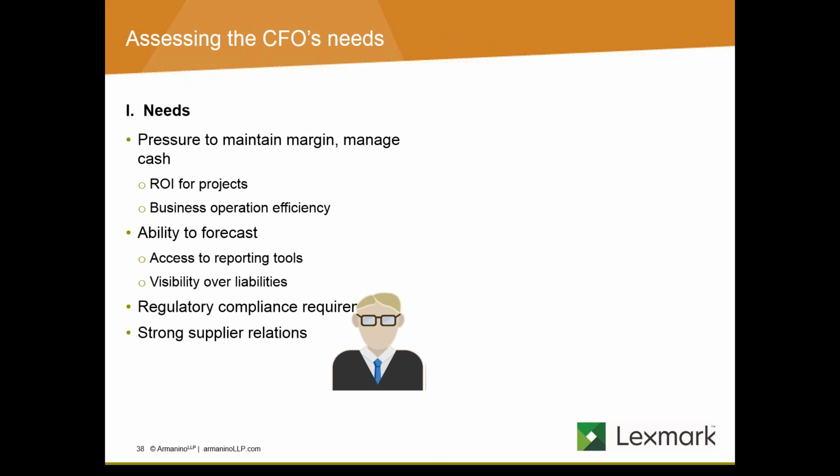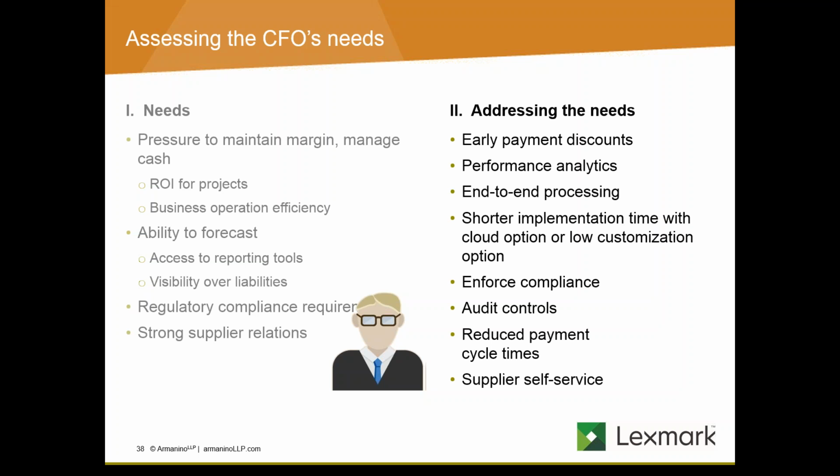As you look then up to the CFO's needs, and as we now start to lift this up a little bit and address some of the things that Tom talked about, that pressure to maintain the margin, manage the cash, the ability to forecast, and also to really have strong supplier relations is something you have to be able to address from an AP automation standpoint, and a good system does do that.